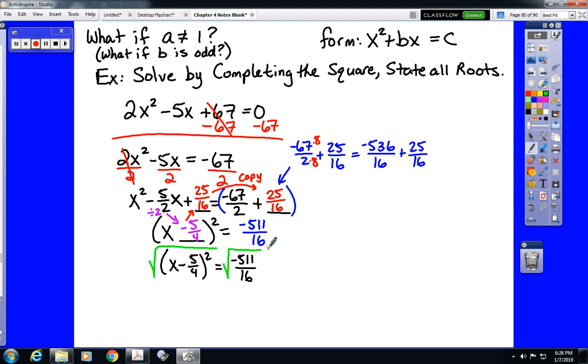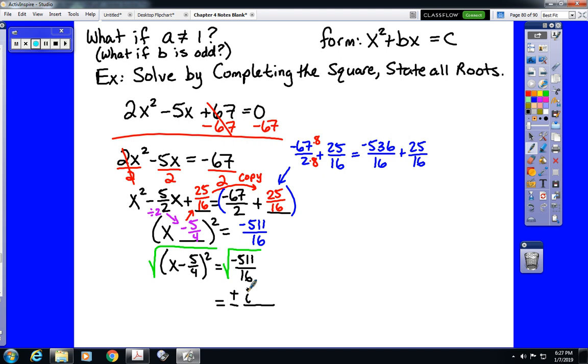And to this point, you have never taken the square root of a negative number successfully. It can be done. And we're going to talk about that in a later lesson. So essentially what I want you to do for now is, oh, it's negative. We're just going to ignore that fact. Okay? That negative is going to generate an imaginary number in front of our square root.